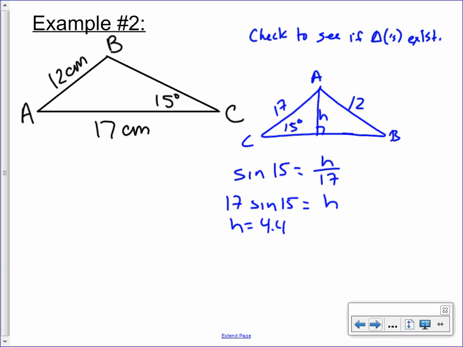And as you can see, the numbers are 17 and 12, so a has to be between 17 and 12. So therefore, it is greater. Little a has to be bigger than 4.4. And since it's bigger, you've got two triangles. Uh-oh.